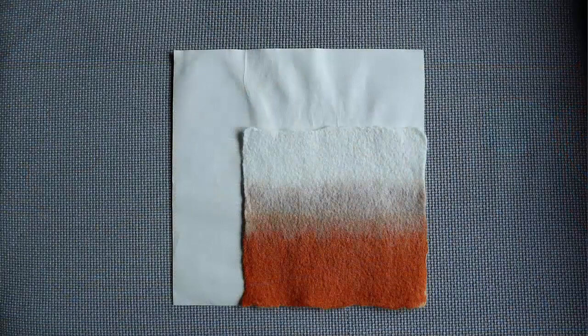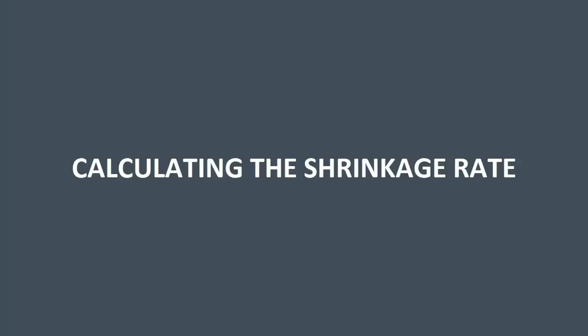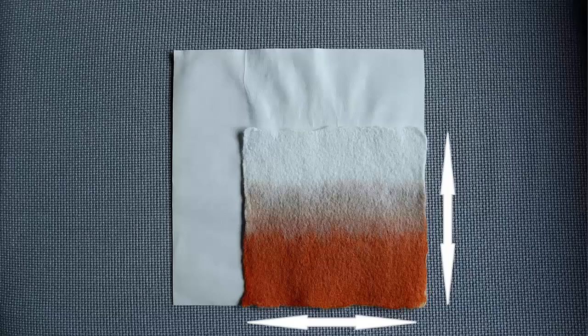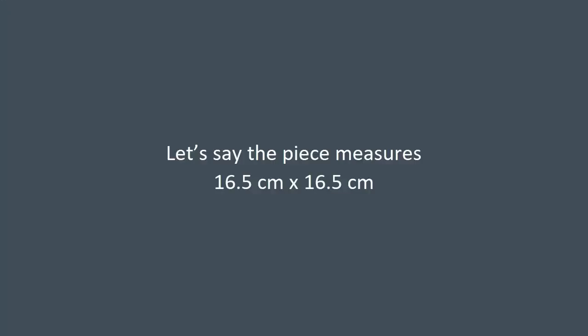Okay, so now that you have your sample, let's look at the shrinkage rate. Measure the final size of your sample both horizontally and vertically. Let's say the piece measures 16.5 by 16.5 centimeters.